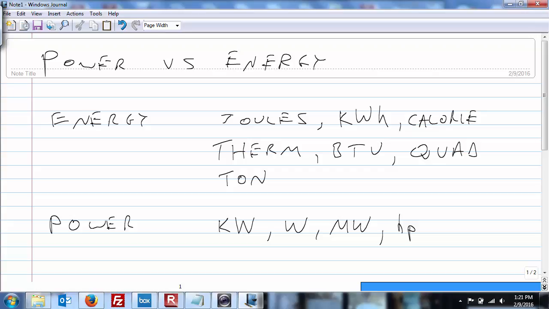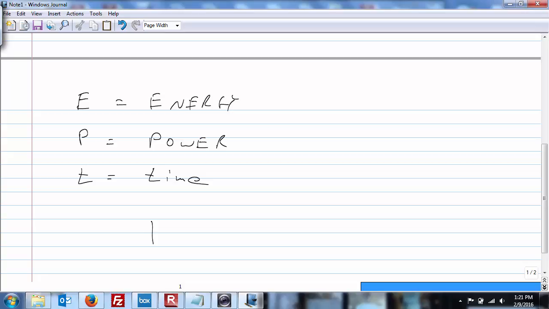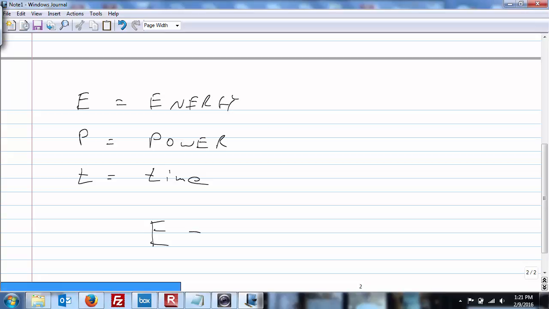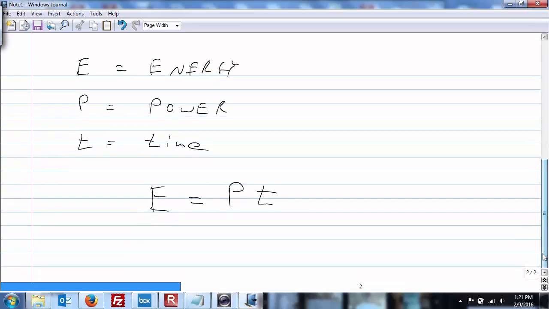Is that what you're going with? Okay. That's exactly right. So let's just do that little example. Energy just equals power times time. So for example, let's just do one super simple home energy analysis. Anybody know about how much power it takes to run the average American home?